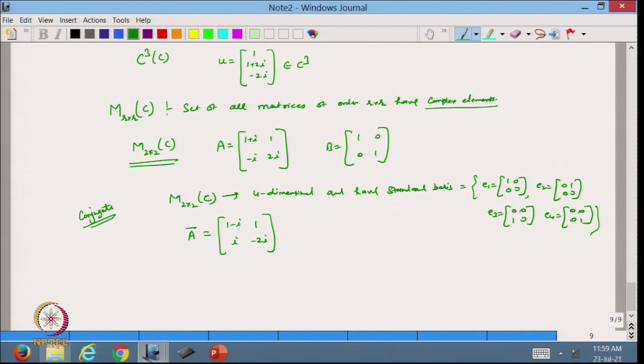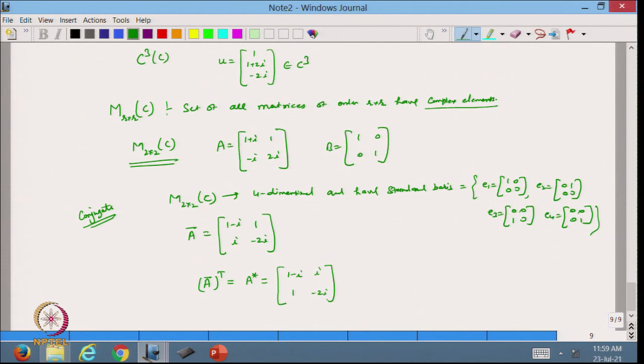Now, for complex matrices, we define the term A conjugate transpose. We generally write this as A star. In this case, we take the conjugate first and then take the transpose. So, I can write from here that this is equal to 1 minus i, 1, i, minus 2i.